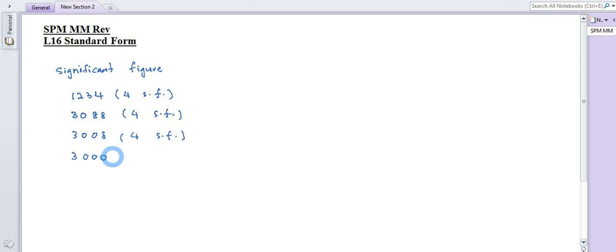Let's say 30,000. How many significant figures do we have here? Normally, if the question does not mention anything, we just consider this number has only one significant figure. But actually, it can be two significant figures and so on. It depends on the accuracy.